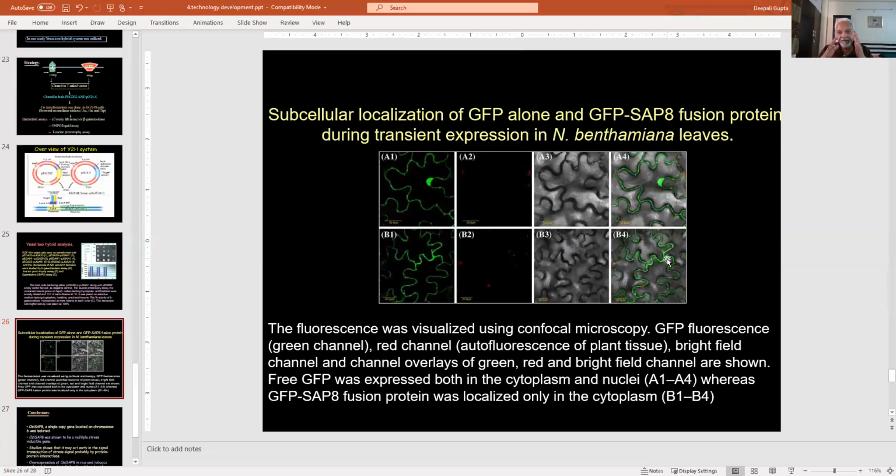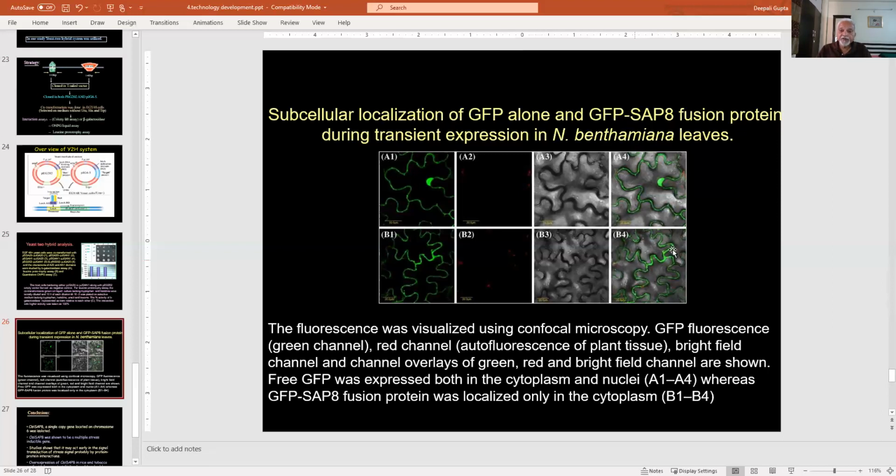So this gene product, SAP8, is involved in very early events of stress management, which was indicated by the analysis of the expression profile of the gene, that within 30 minutes it gets overexpressed in the cells, indicating its role in the very early events of signal perception and transduction.